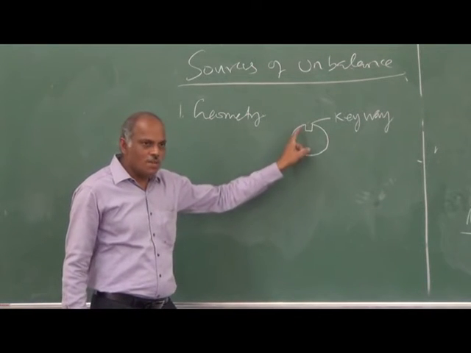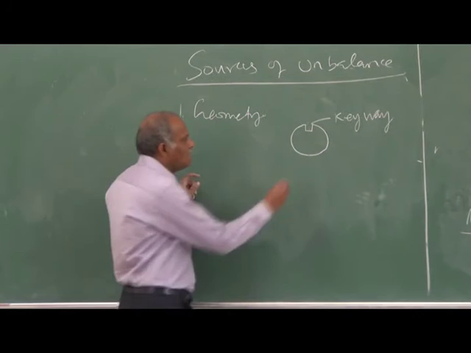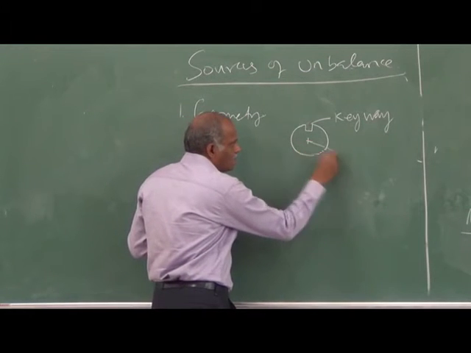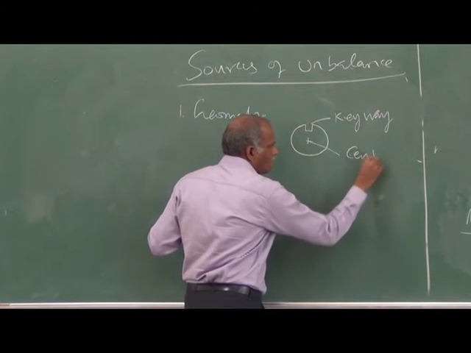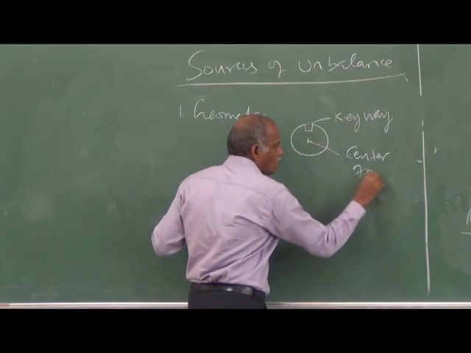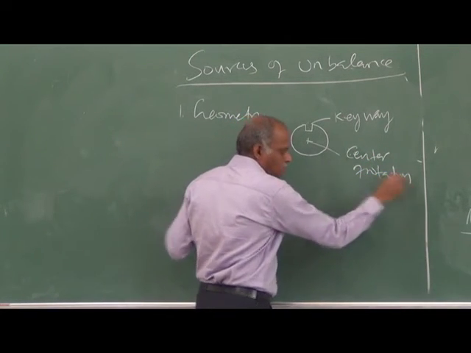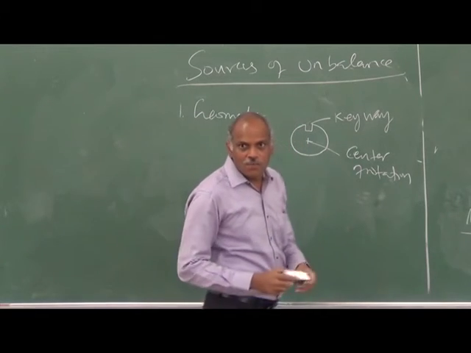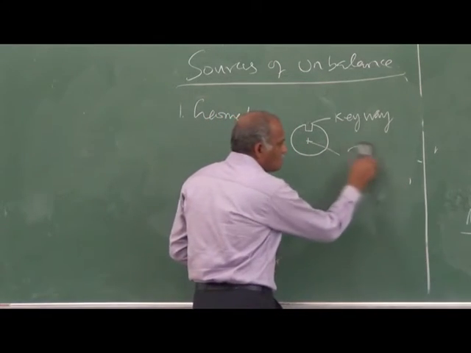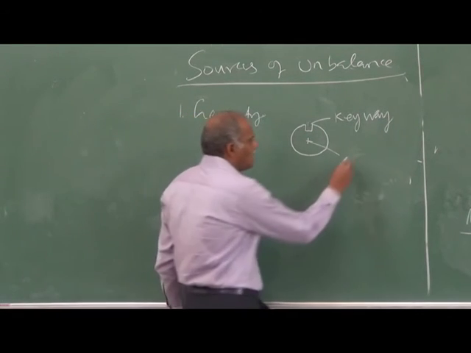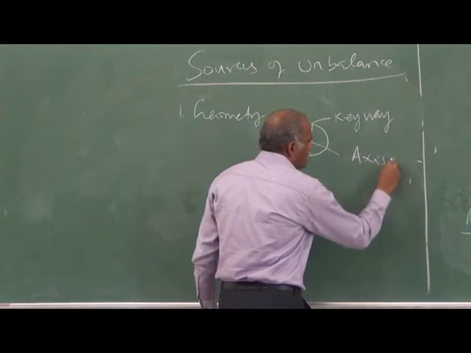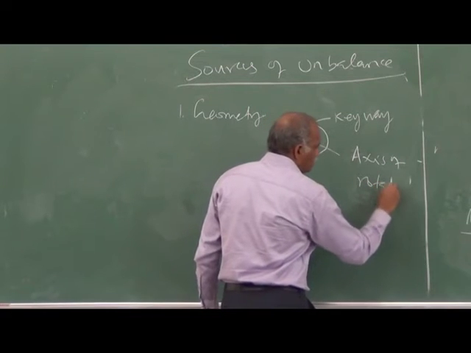If you look at the geometry of the shaft, if this is the center of rotation, I should not be using the center of rotation because it is a two-dimensional thing. But if you are talking about a three-dimensional action, you have the axis of rotation.